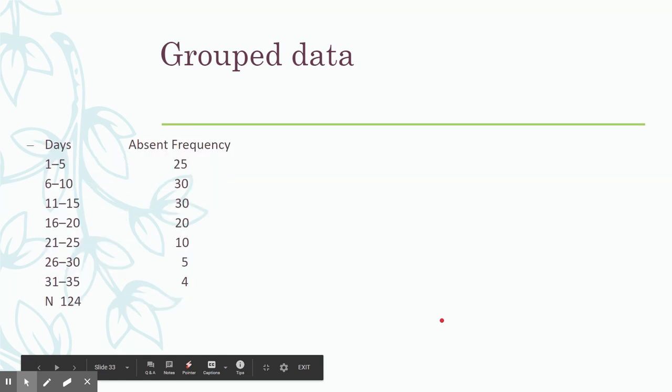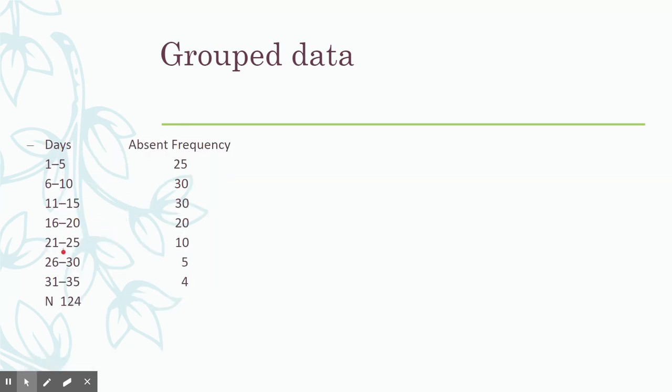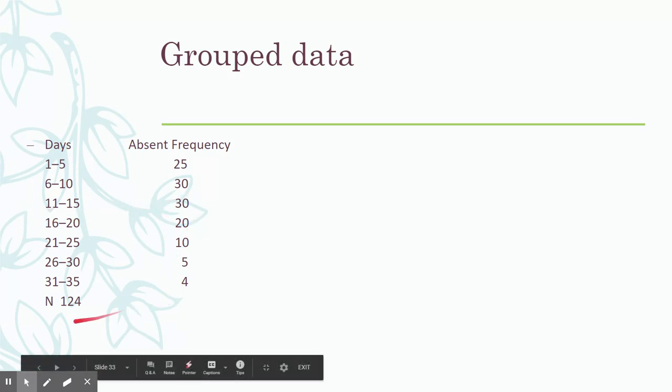Pardon me. So this is the data that we have. We have the classes, so we see the classes are grouped. And then we have the frequency in terms of how many students miss school for this many days. So 1 to 5 days, 25 students missing school, 6 to 10 days, 30 students, 11 to 15 days, 30 students, and so on, giving us a total of 124 students.